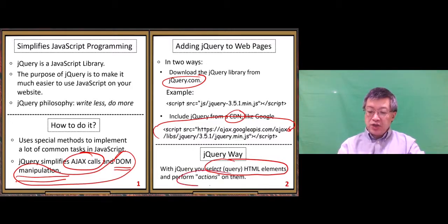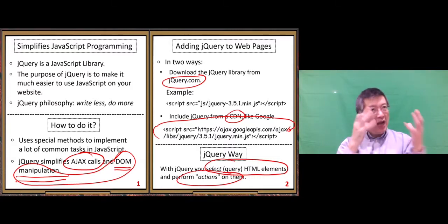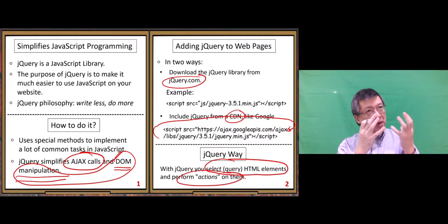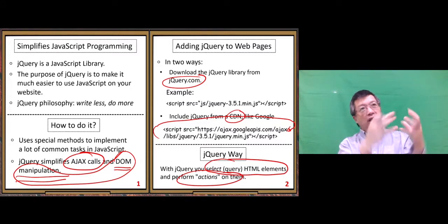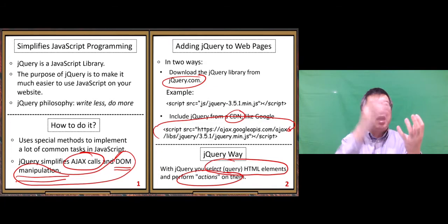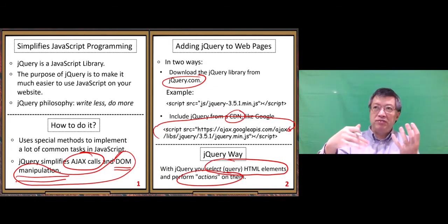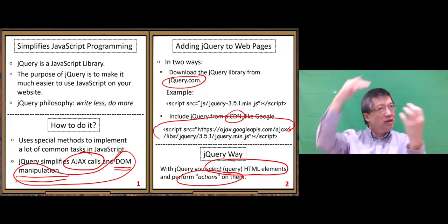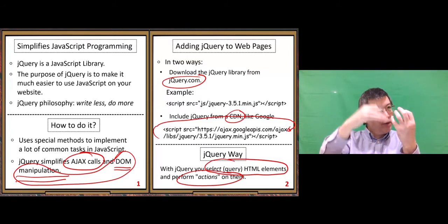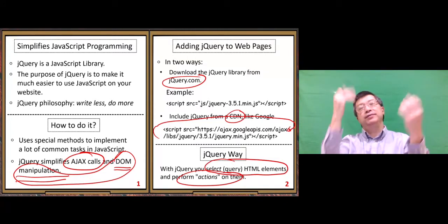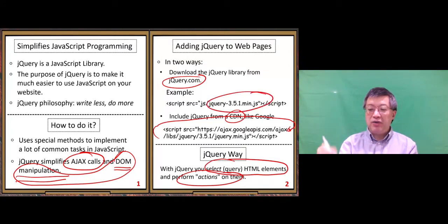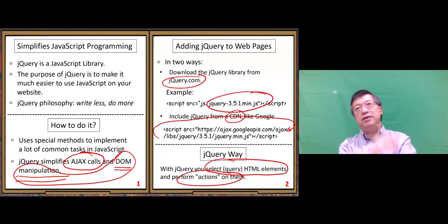Second, perform actions on them. How to perform actions? Call methods. You select some element, so you get an object. From the object, you can call methods, built in the jQuery JavaScript library file.